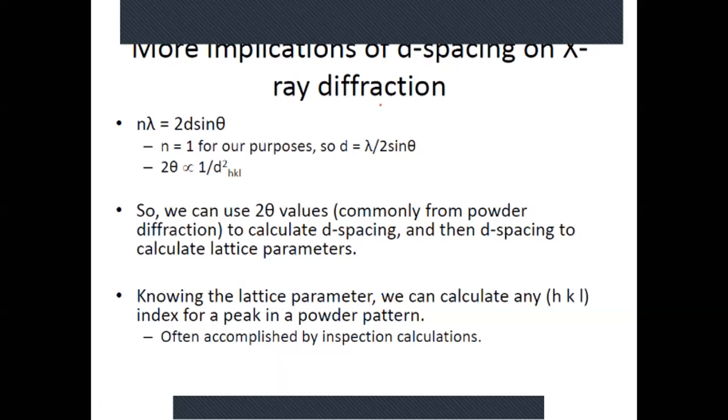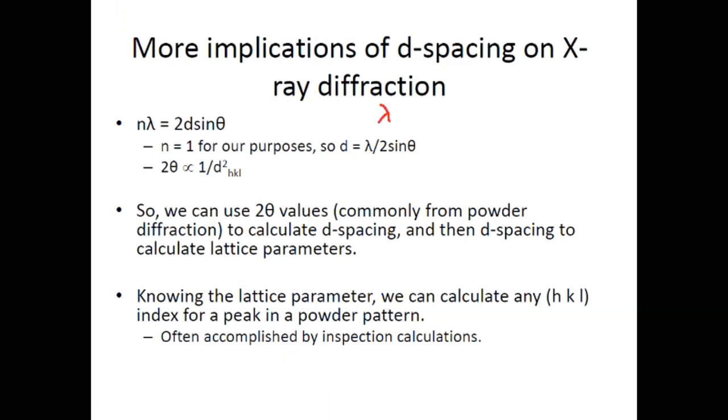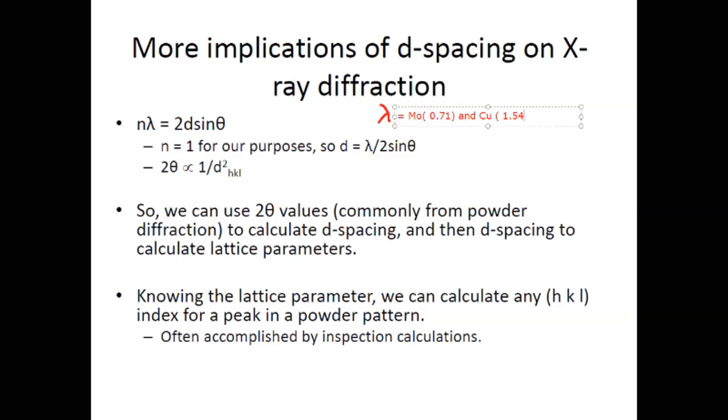Lambda is either one of two numbers. If we use molybdenum radiation, lambda is approximately 0.71, and if we use copper radiation, lambda is approximately 1.54 angstroms. Both of these are in angstroms. So there's really not much you can do on the n and the lambda. Those are set for you.